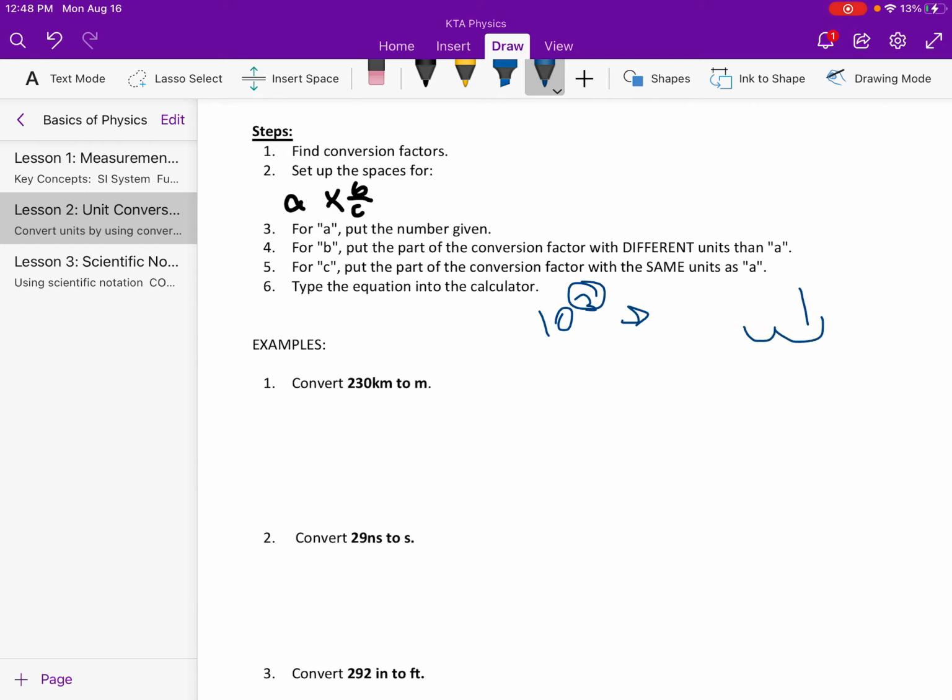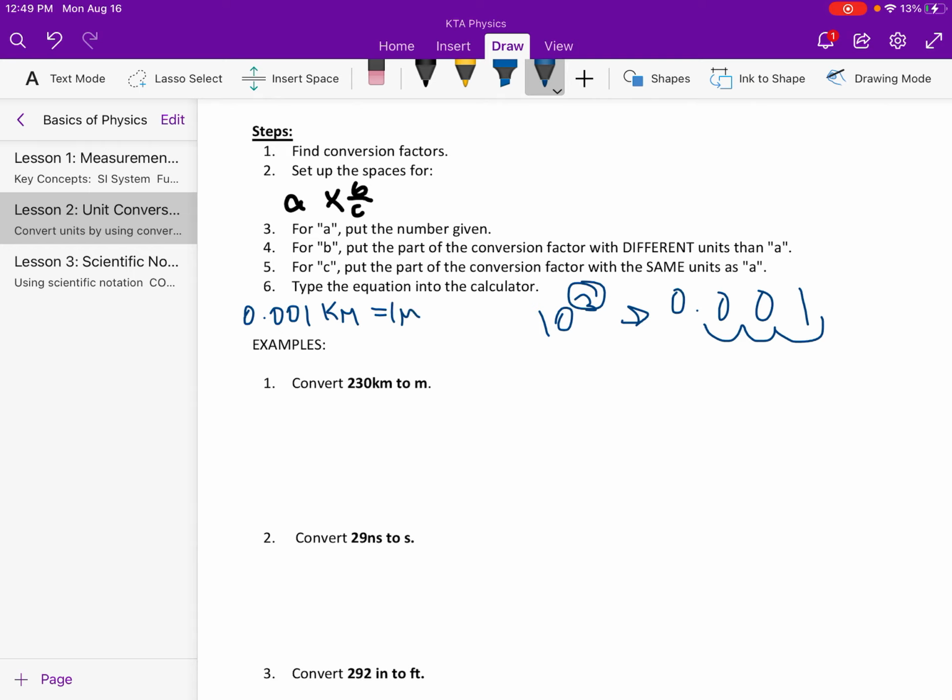So move it back 3: 1, 2, 3, fill in the zeros, and that's how we got our answer. You might just be provided with that, but if you only had the table, that's how you know what it is. You just move the decimal. So 0.001 kilometer equals 1 meter.